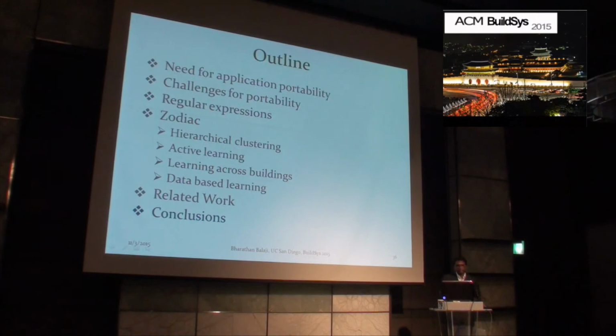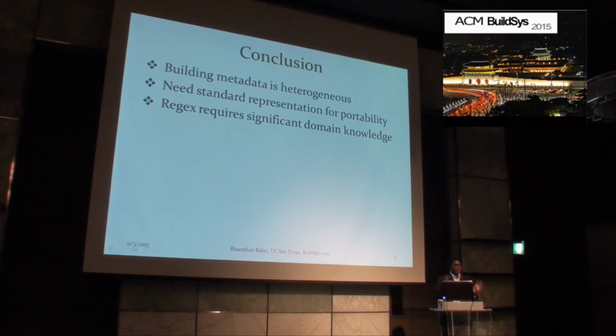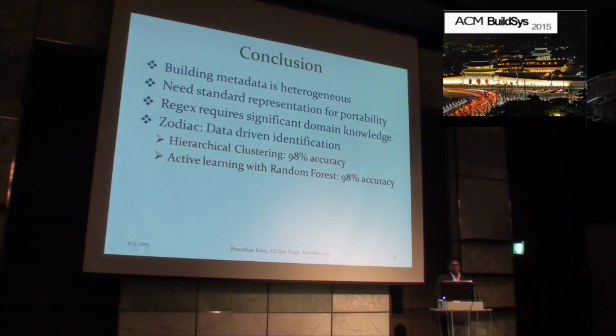So in conclusion, building data is heterogeneous. It needs semantic interpretation for application availability. Regex gets you some of the way, but requires a significant amount of domain expertise and programmer expertise. Zodiac gets you further. It uses hierarchical clustering and gives 98% accuracy for the clustering of similar point types.